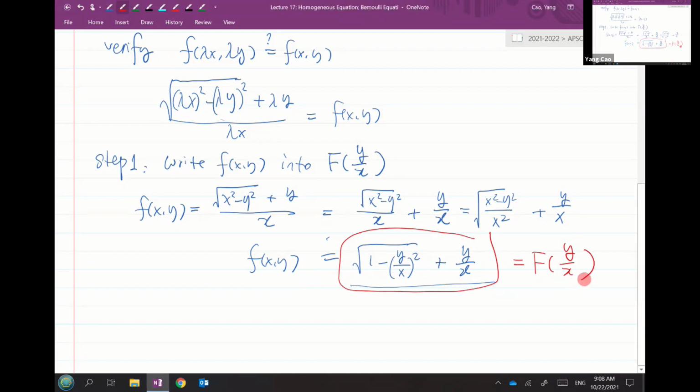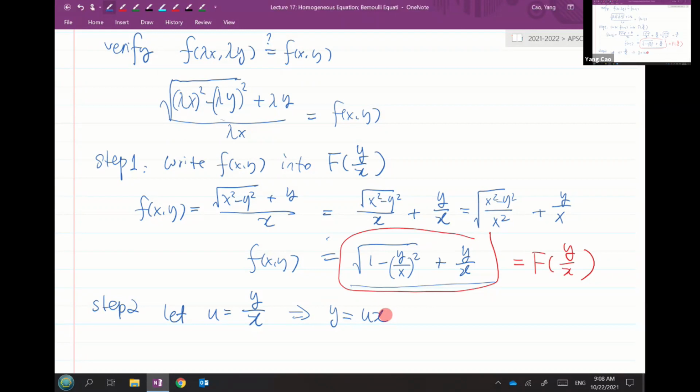Once you get to this step, the formal solution is step number 2: we let u equal y over x. And that gives you y equal to u times x.